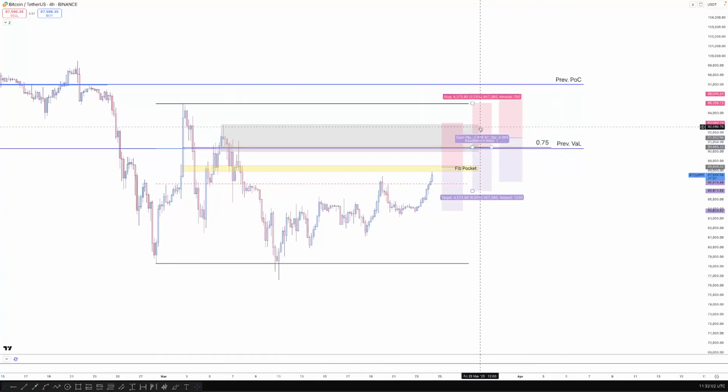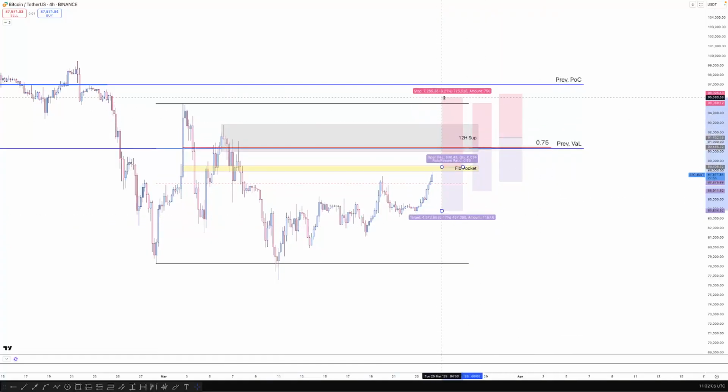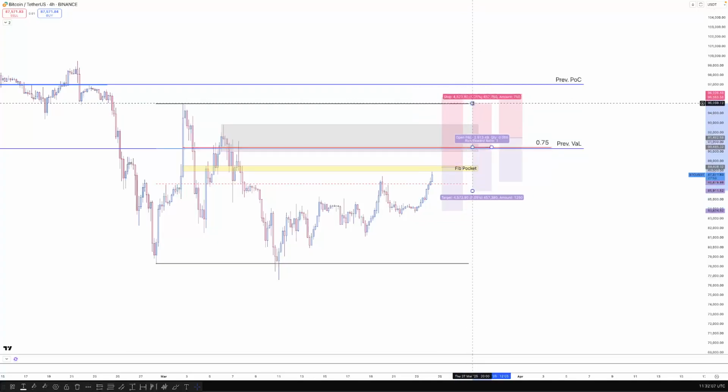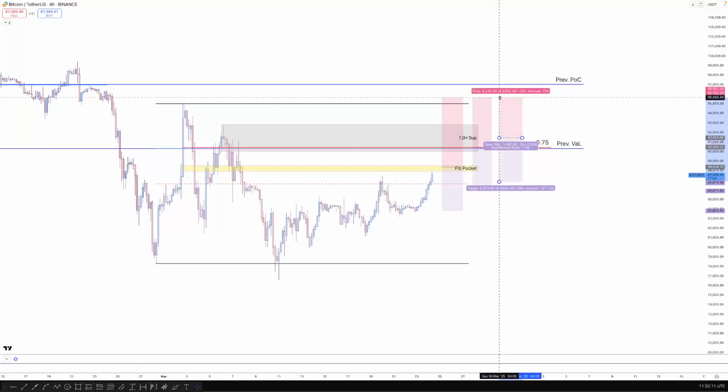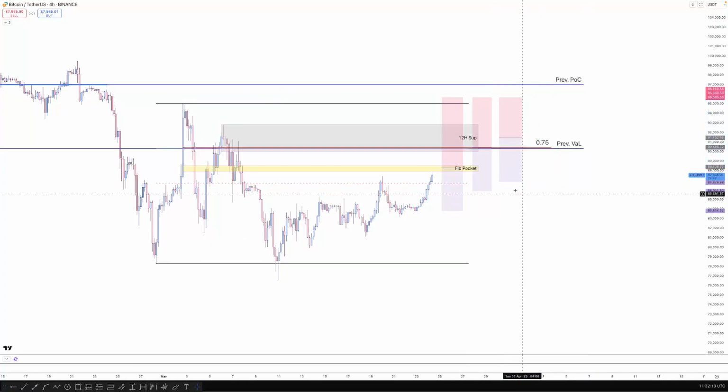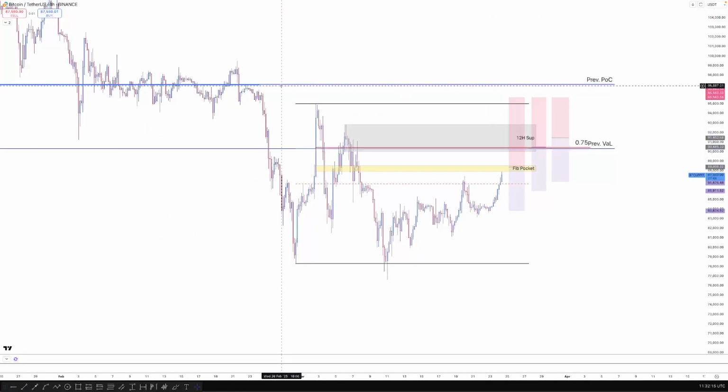The invalidation for me would be up here, above this last daily higher low, because this is officially, let's say, the real daily higher low that we need to break, because it was the last high that was formed before the lower low.